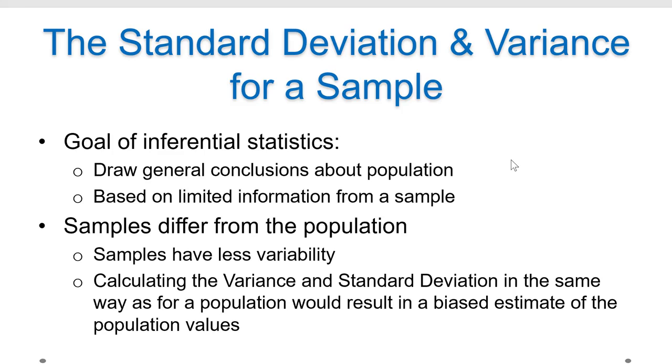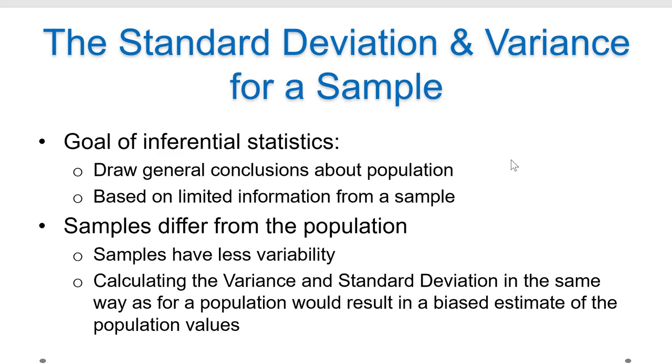Samples have less variability, and calculating sample variance and sample standard deviation in the same way that we do for a population would result in a biased estimate of the population parameters. We want our sample statistics to be unbiased estimates for the population parameters. In order to remove this bias, we will need to divide our sum of squares by n minus 1 instead of N, or nu.